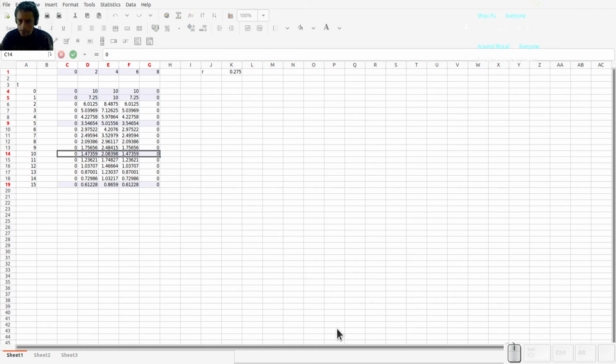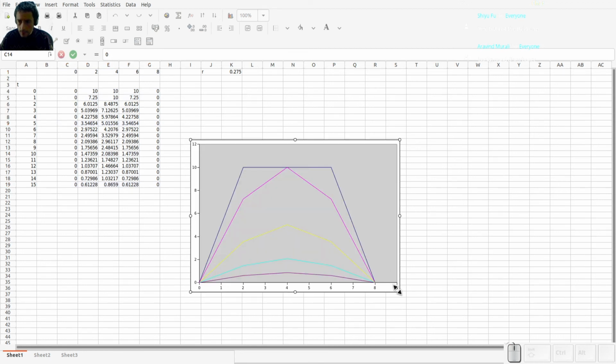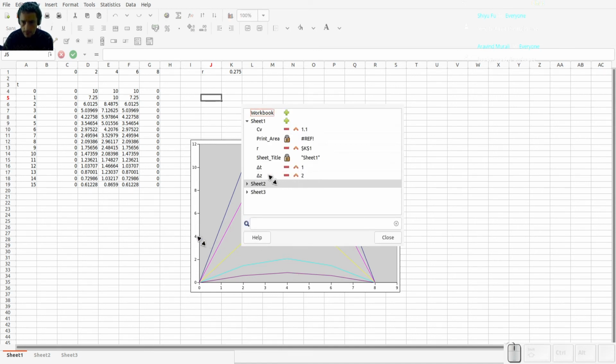Okay, so if we insert this figure, this is what we get, very squarish. Now what would happen if I wanted to be a bit faster, and I said I want to use 2-year time increments? I change delta t to 2.